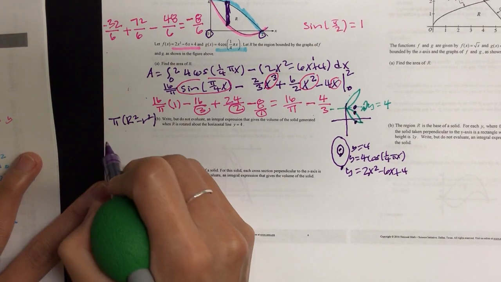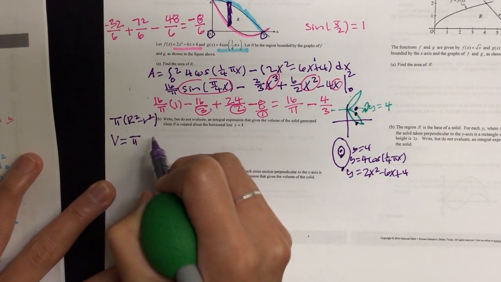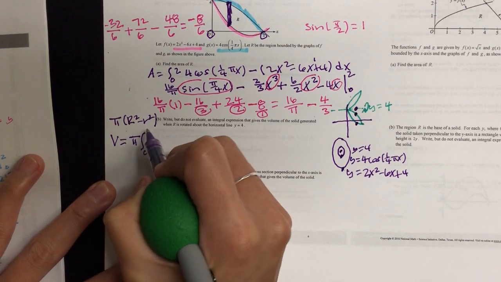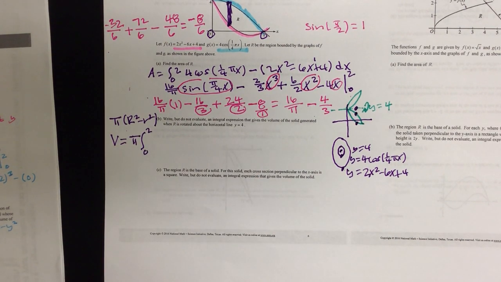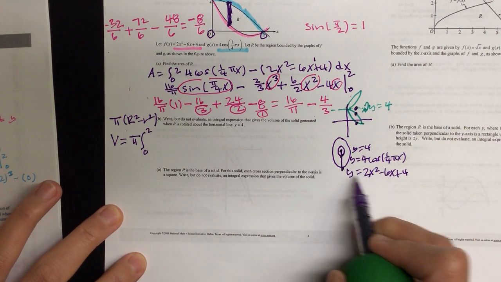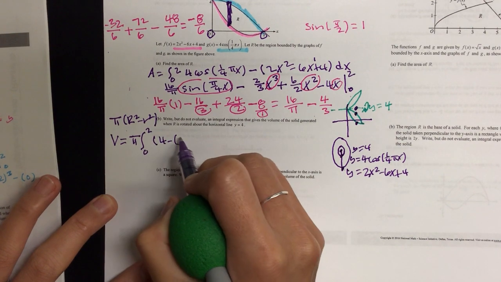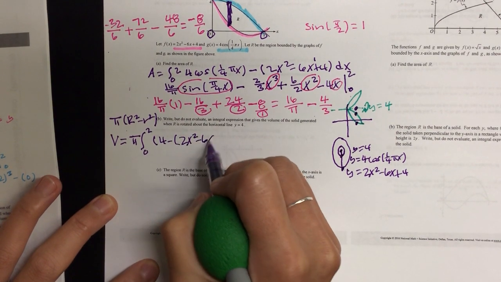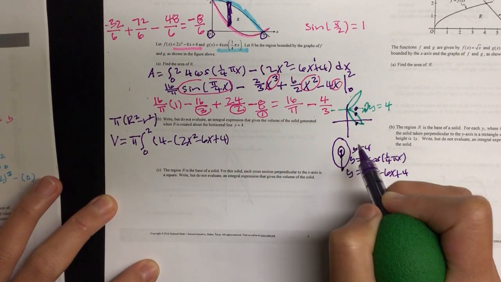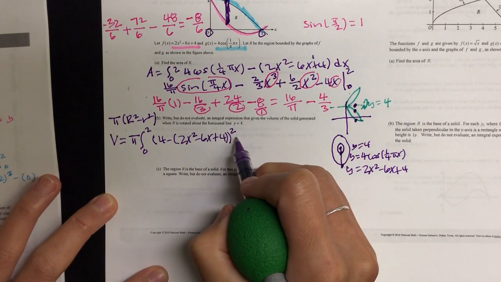It says do not evaluate, so let's just write out what I need. Kick out the pi. We are integrating from 0 to 2. For the big R, it's going to be from top to bottom. My top is y equals 4. The bottom is a quadratic. So I need 4 minus the quadratic. I see some of you guys not writing. Please do. All squared. Minus.